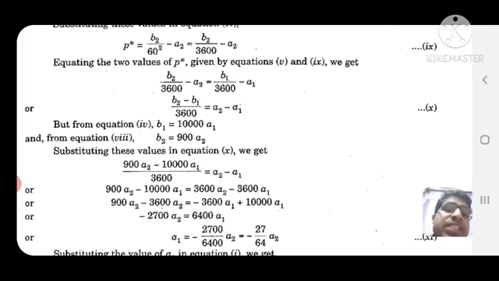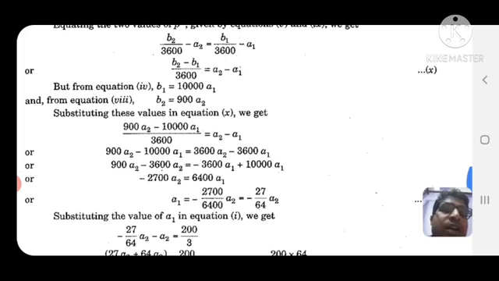B2 by 3600 minus A2 is equal to B1 by 3600 minus A1. So B2 minus B1 by 3600 equals A2 minus A1. But from the earlier equations, B1 equal to 10000 A1 and B2 is equal to 900 A2.